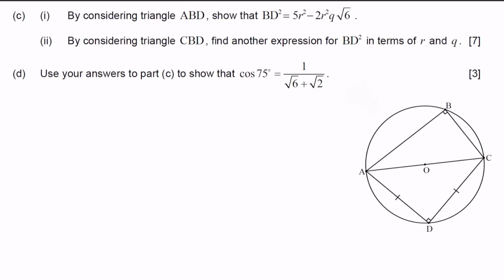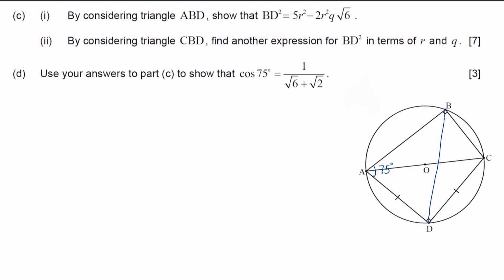Part C: by considering triangle ABD, show that BD squared equals (5r squared minus 2r squared root 6 times q), as given. So let's consider triangle ABD now. I will need to find AB and AD, because I know that this angle is 75 degrees already.